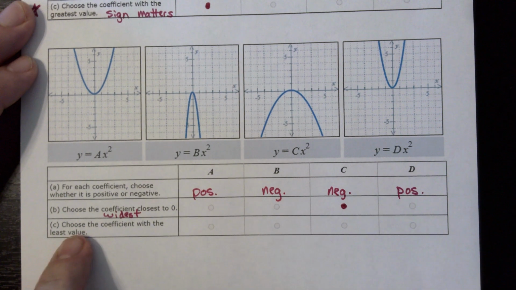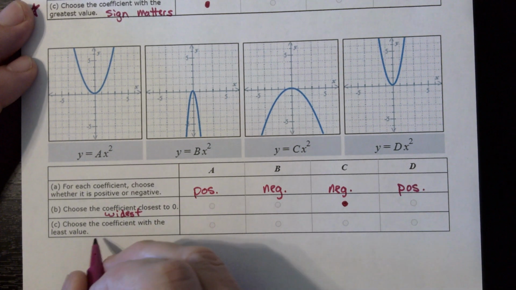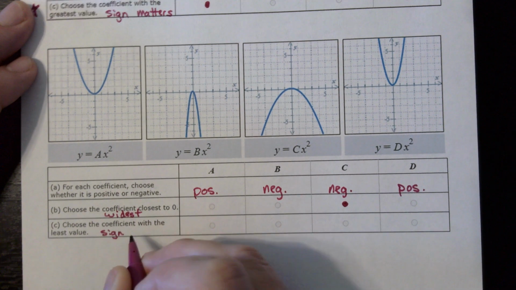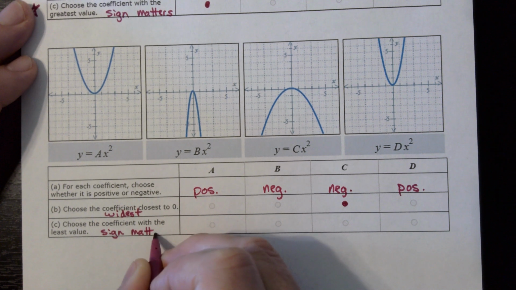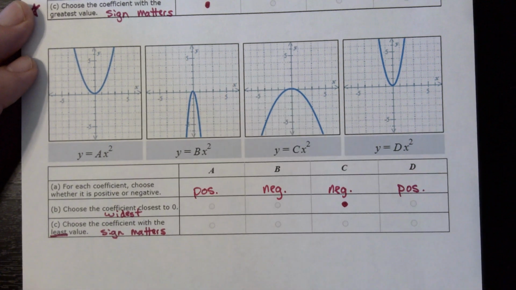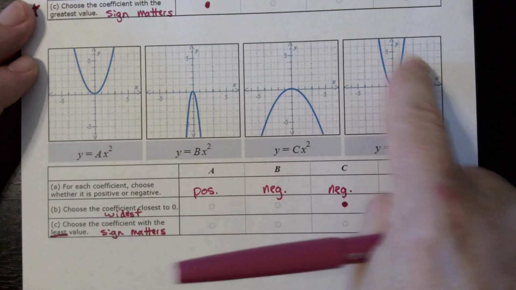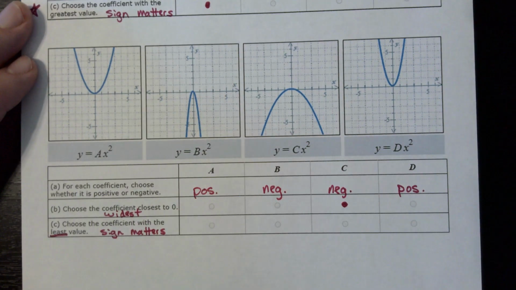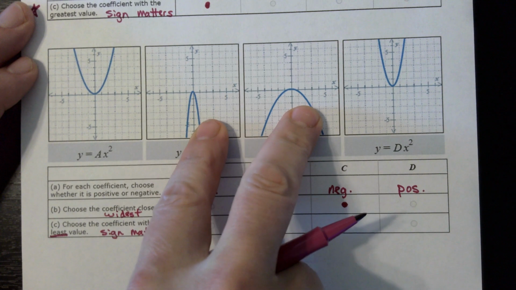And then the coefficient with the least value, sign matters. If it's least value and you have negative graphs, you need to use those, because these are going to be positive. Positive numbers are more than negative numbers. So the least value is going to be amongst these two.